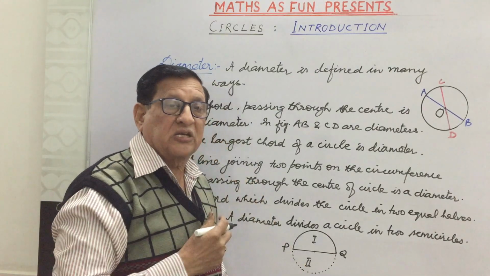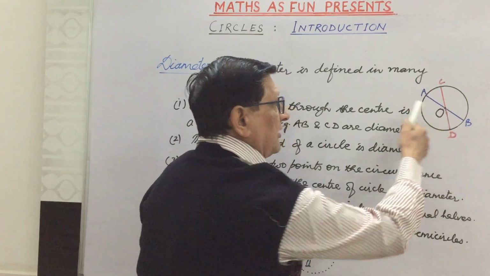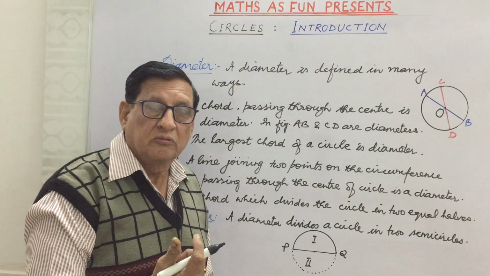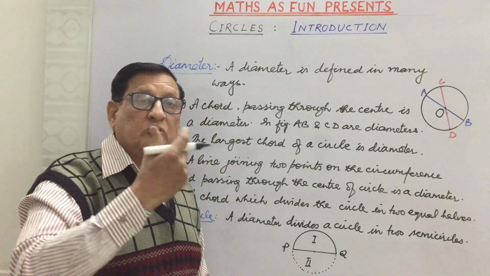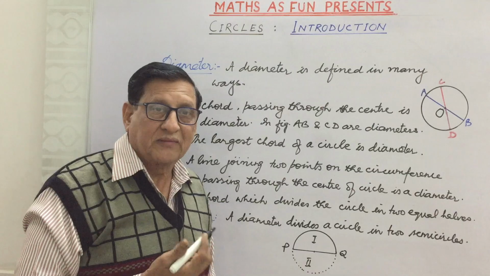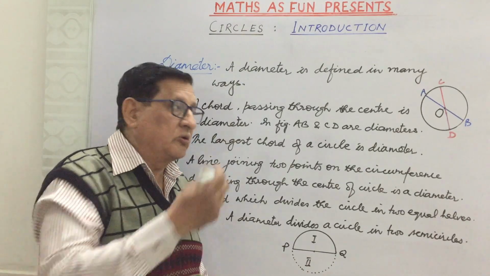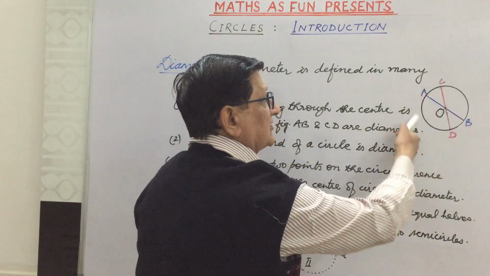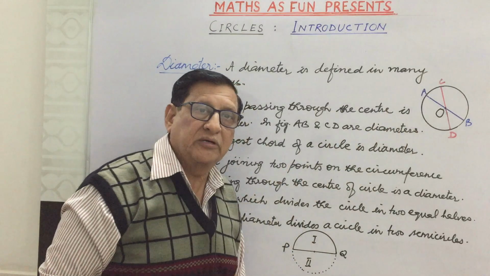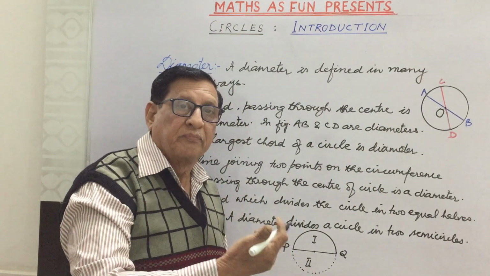And also we can say that a diameter divides the circle into 2 equal halves. As I told you in segments, if the chord is dividing the circle into 2 equal segments, then they are semicircles. So here we can say this is a diameter which is dividing the circle into 2 equal segments or 2 semicircles or 2 equal halves.